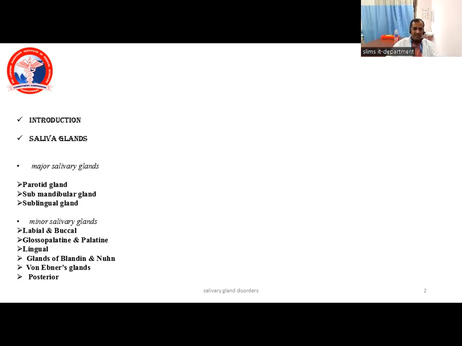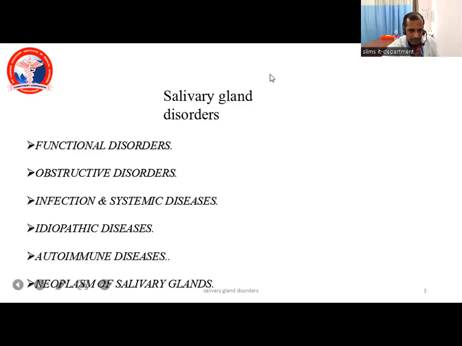And the disorders can be categorized into the following. It can be the functional disorder, or it can be due to obstruction, that is called the obstructive disorders.